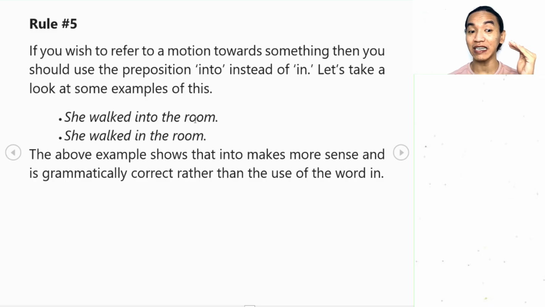There is a sense of movement. She walked in the room. Although the second sentence is also correct, in this case into would make more sense, as our verb walked has a sense of motion towards something. So therefore, use into.